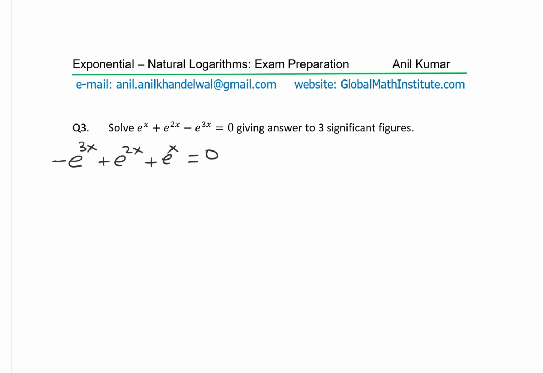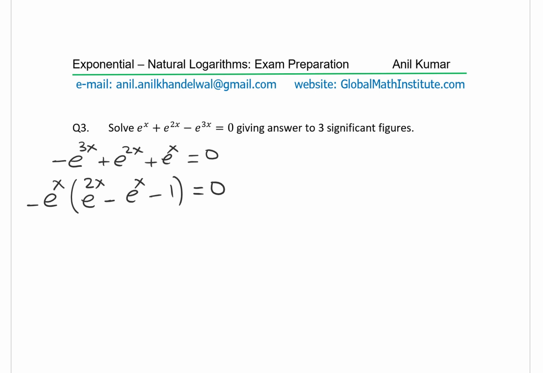We can take e to the power of x as common. So we get e to the power of 2x plus e to the power of x plus 1. Sorry, minus signs will come here. We took minus common outside. So that becomes the equation for us.